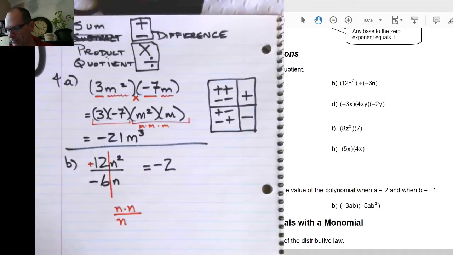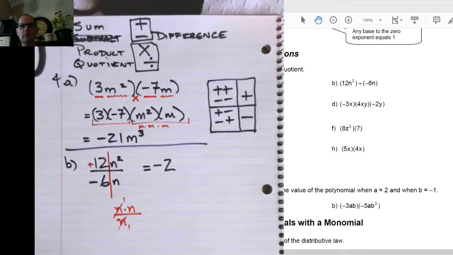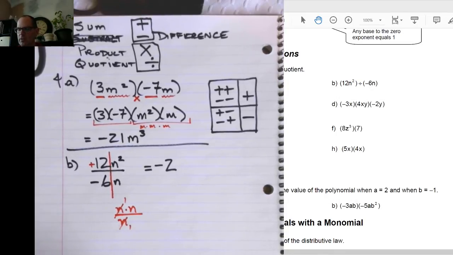Whenever I have the same value on the top of a fraction as on the bottom of the fraction, they divide each other out. They divide into each other evenly. These basically become ones. Maybe we can take another little side step to see how this is working in a more concrete manner.